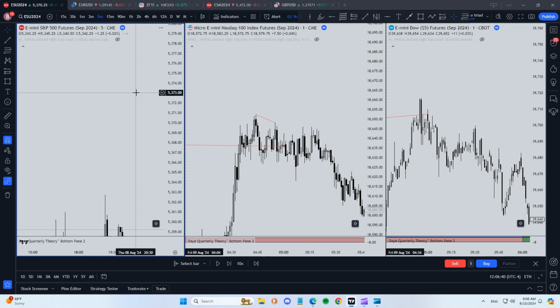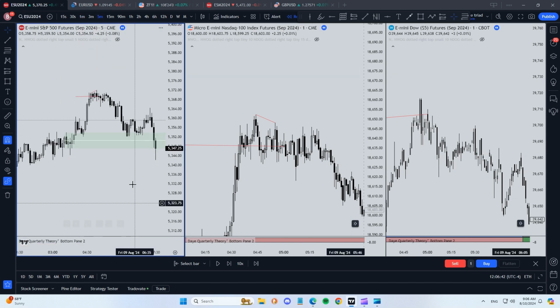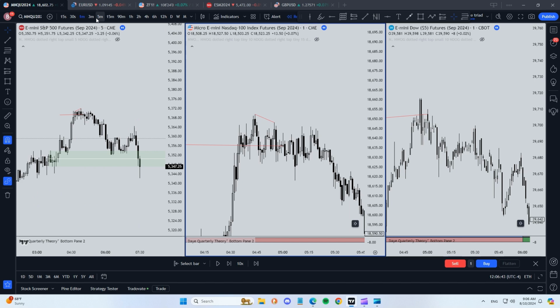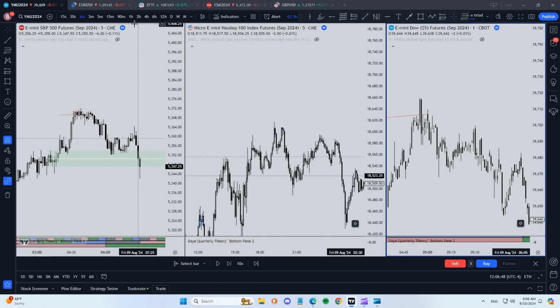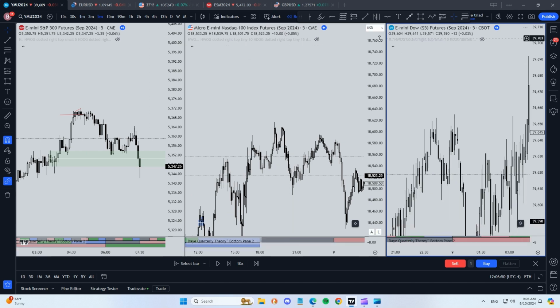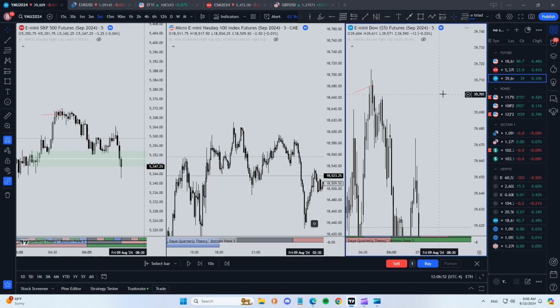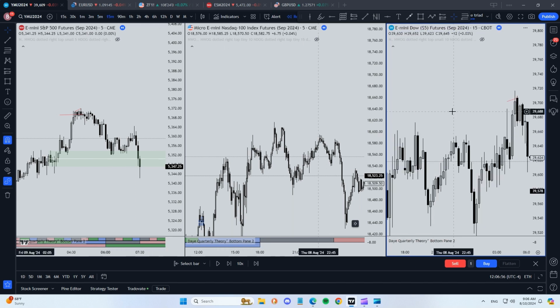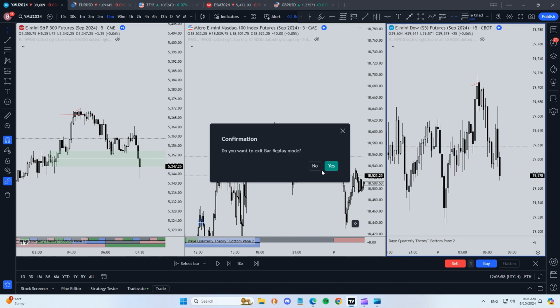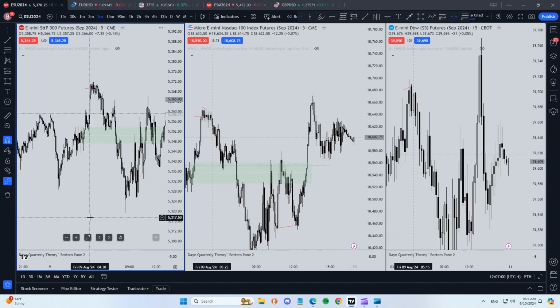So that micro SMT along with the 1 hour and the 15-minute precision swing point, I believe, caused price to gravitate lower and take out the lows that were taken out over here, these lows.